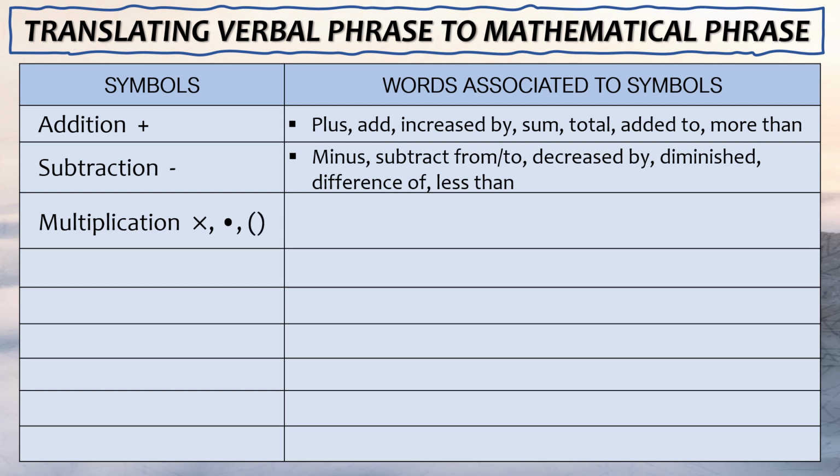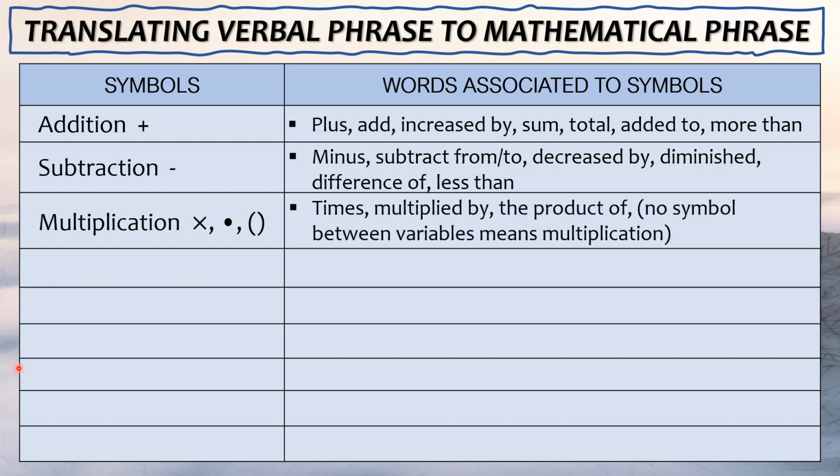Sa multiplication naman, ito yung ating mga symbols, pero since we are now on the algebra, so gumagamit na tayo ng mga variables or mga letters, so hindi na natin kailangan gamitin ang multiplication symbol na letter x dahil mapagkakamalan siyang variable. So it's either that or parentheses.